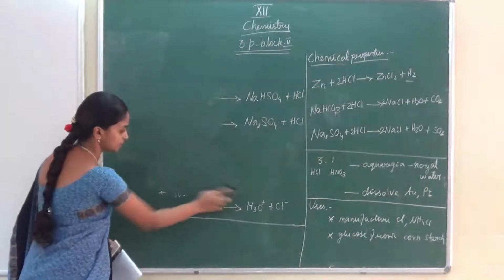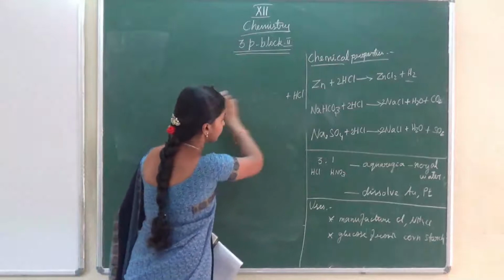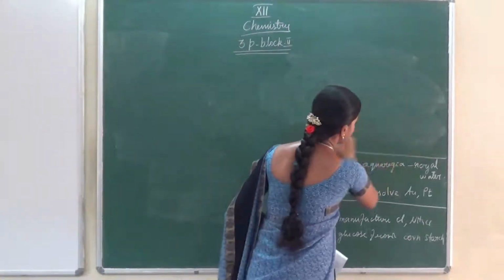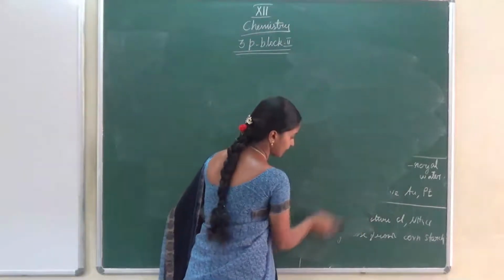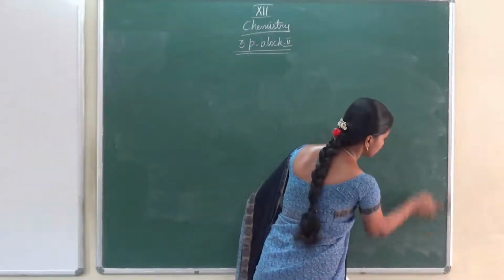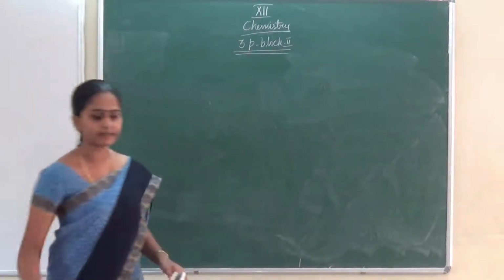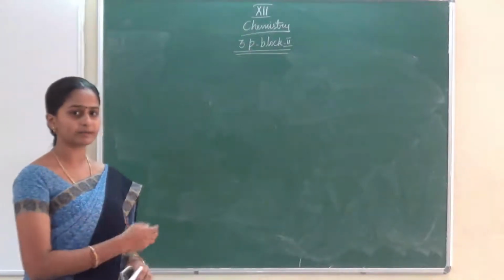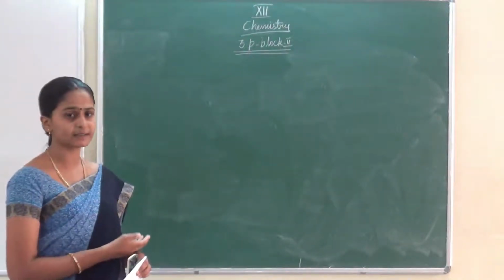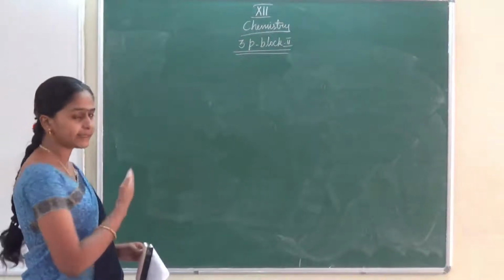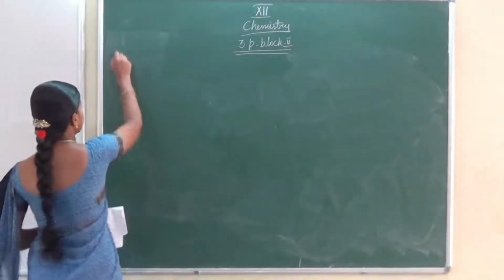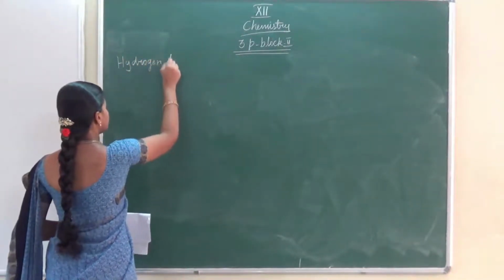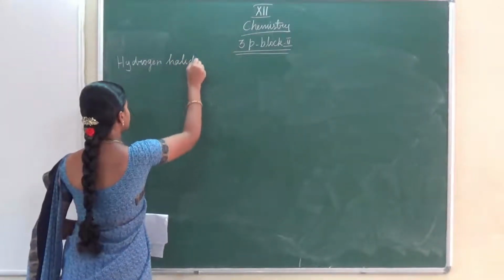We know the group 17 elements form hydrogen halides.